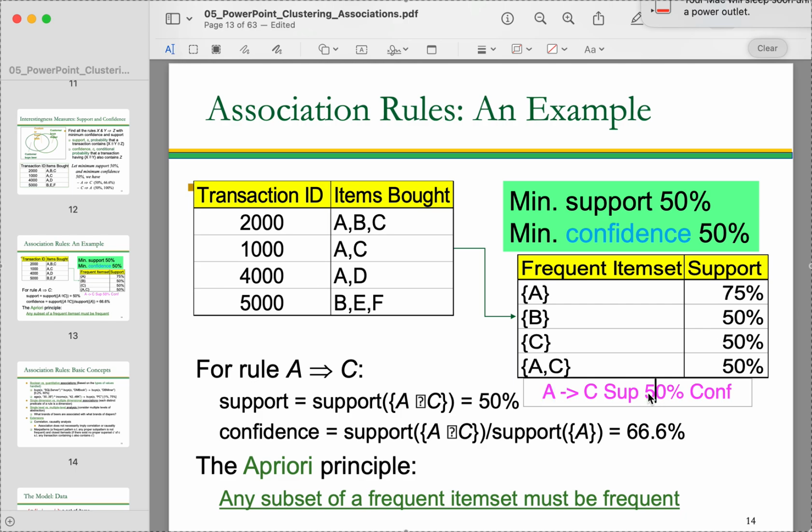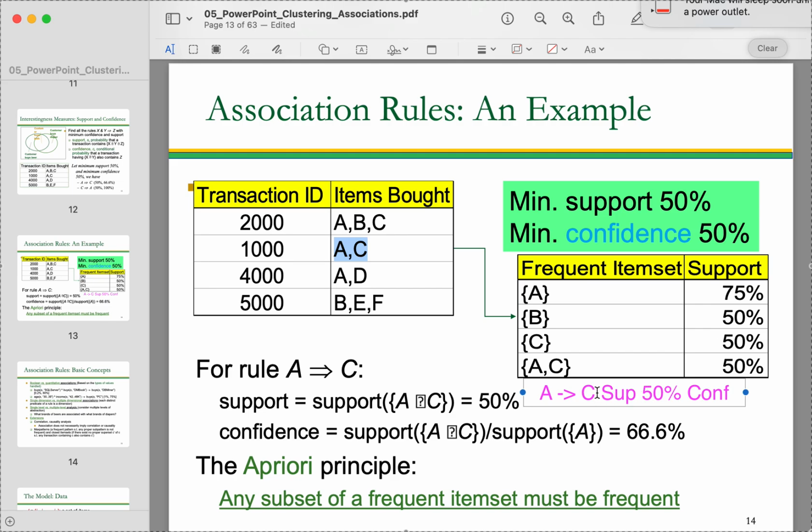Oh, wait a minute. Let me check the support. A and C we have 2 times, A and C here and A and C here. So out of 4 transactions, 2 times is 50%.